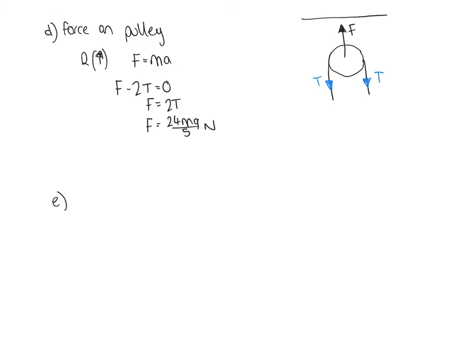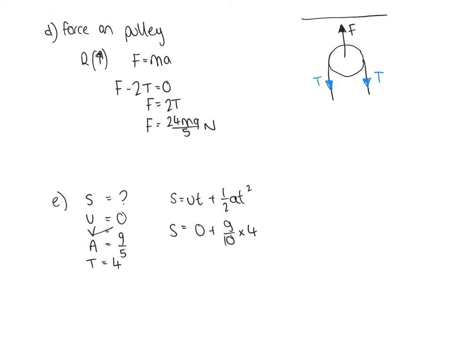Now, and pretty common in these questions, we look at a bit of suvat. So we want to know the distance travelled, so s is the thing we want to know, in the first 4 seconds. We're not interested in the final velocity. We know it starts at rest. So the question is, how do we link s, u, a and t? s is ut plus a half at squared. u is 0.